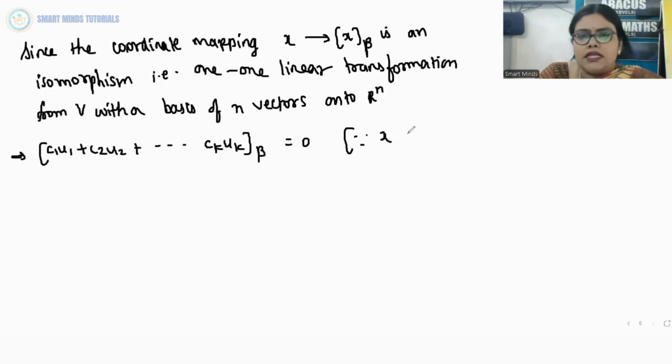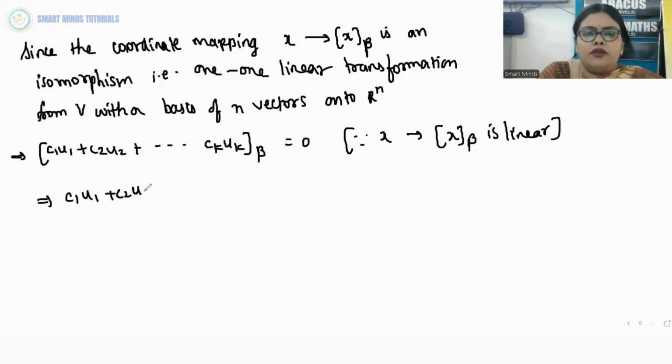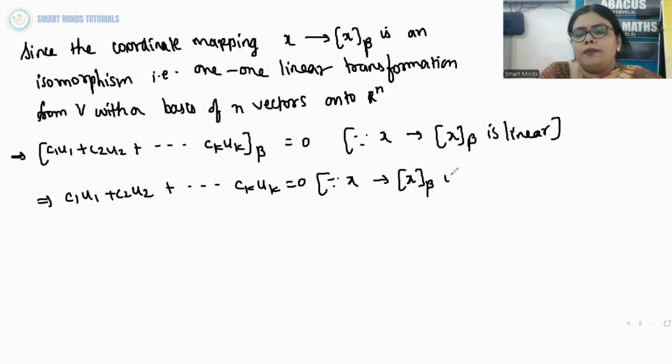Why? Since x tends to x beta is linear. That means C1 U1 plus C2 U2 plus so on up to Ck UK is 0. Why? Since x tends to x beta is 1-1.